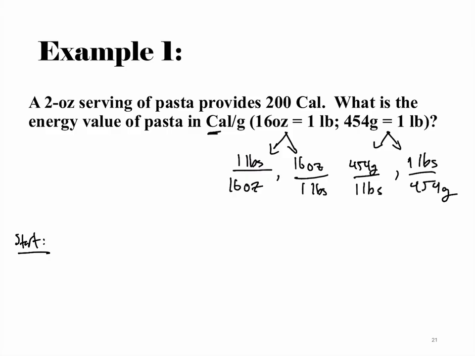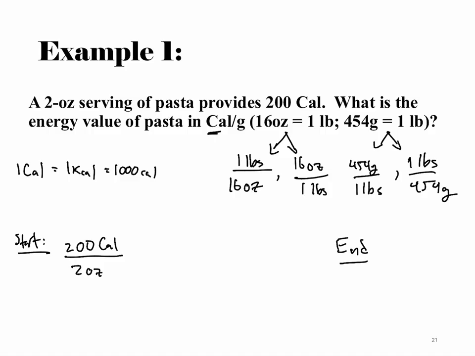So we start from 200 uppercase calories. We don't have to do this for this problem, but just so you know, 1 uppercase calorie is equal to 1 kcal, which is equal to 1,000 lowercase calories, per 2 ounces. This is where we start from, and we want to end with, we don't know the numbers yet, calories over grams.